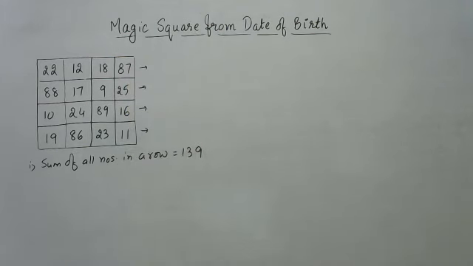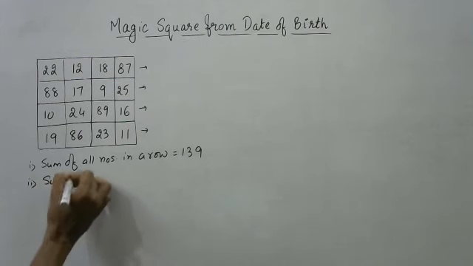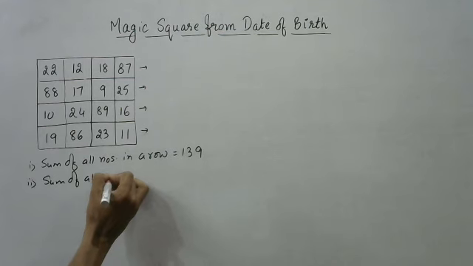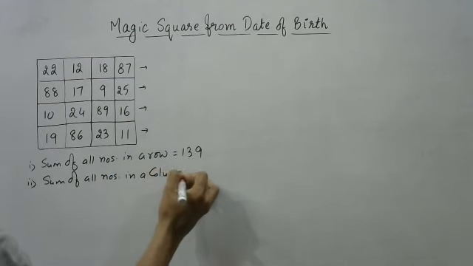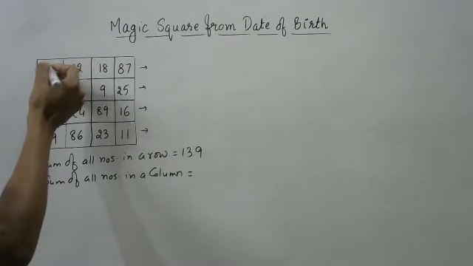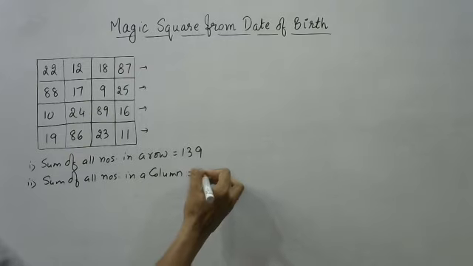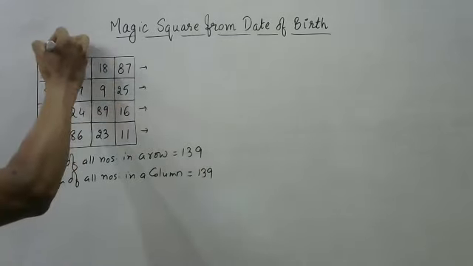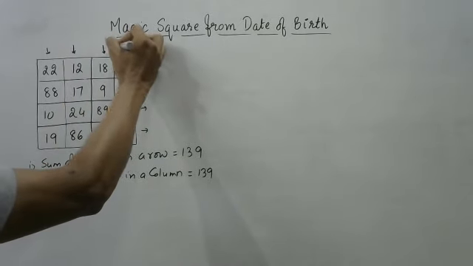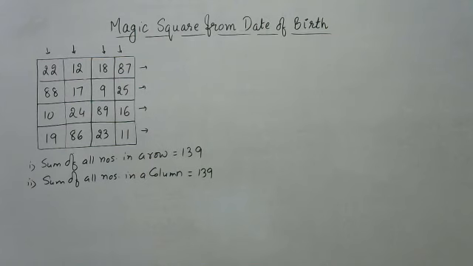So that's very basic, right? Nothing new in that. Sum of all numbers in a column, that's again very normal. 22, 110, 120, 139. So again 139. So every column has sum 139. So 4 plus 4, 8 times the sum is 139.